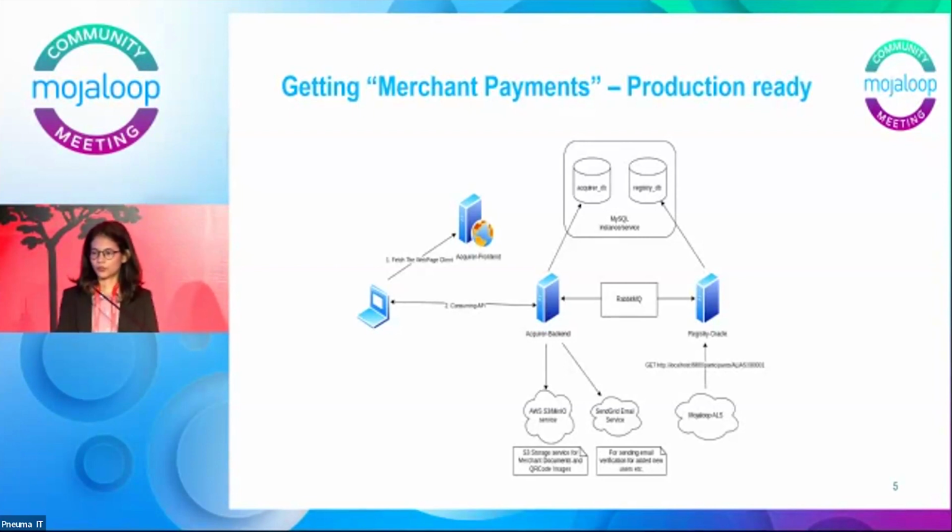And we have also added the maker-checker mechanism for the acquiring portal. For the acquiring DFSP which already has an acquiring portal, they can use the API to update the merchant information to the merchant registry.